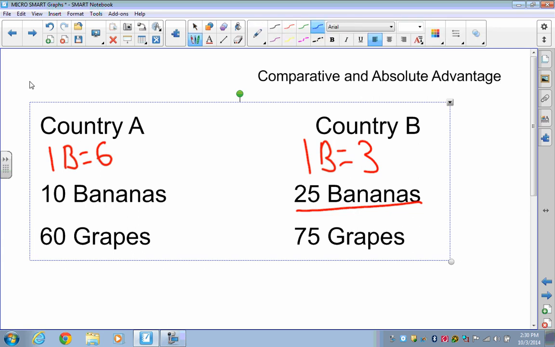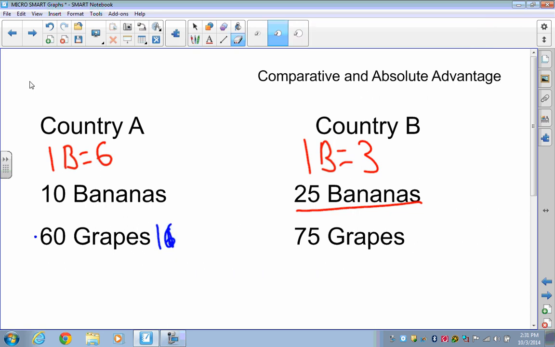What is the price of 1 grape in country A? 1/6. Okay, hold on. So that means 1 grape equals how many bananas? 1/6 of a banana.